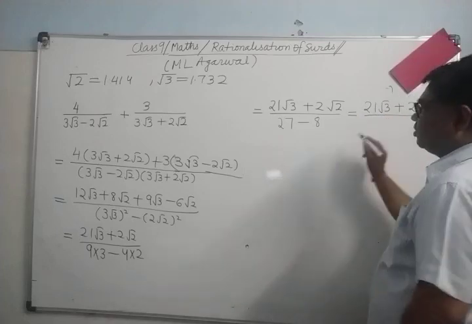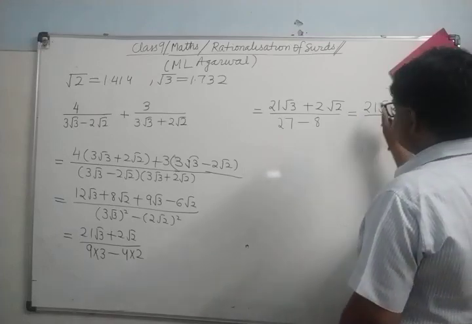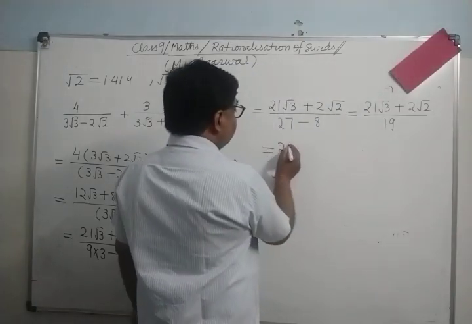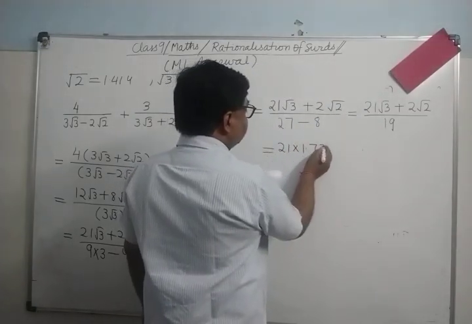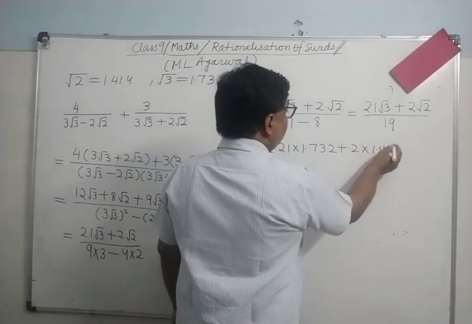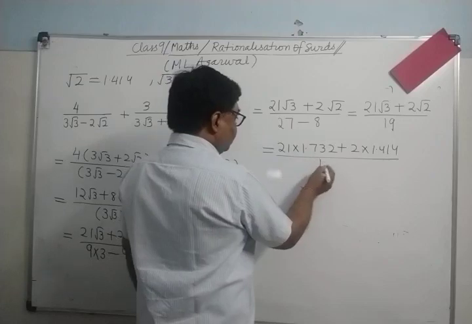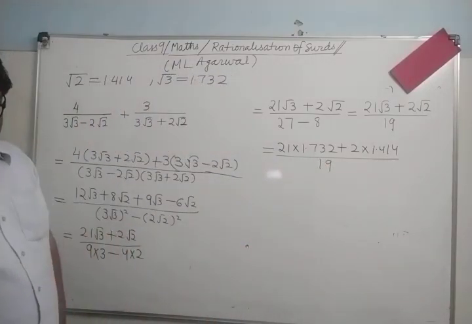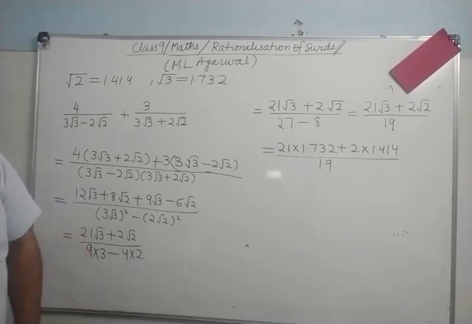And what is 27 minus 8? That is equal to 19. Now you substitute the value. So I am substituting the value: 21 into 1.732 plus 2 into 1.414, upon 19. So this simplification you can do. Here it is very simple.